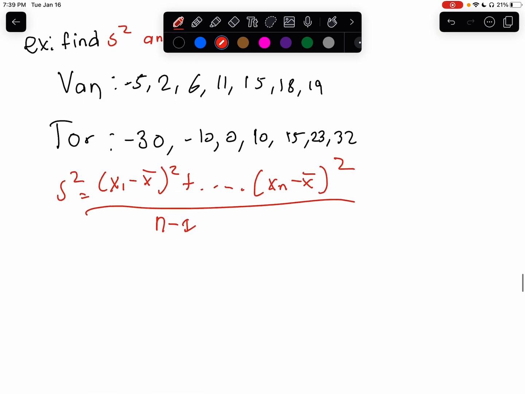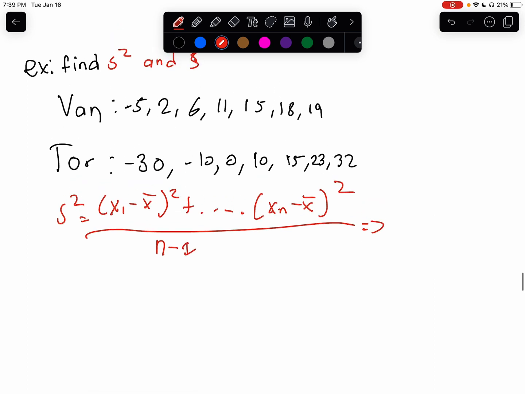So let's do it for Toronto, just to keep it on Vancouver, you can practice on your own. For Toronto, we have 7 values.